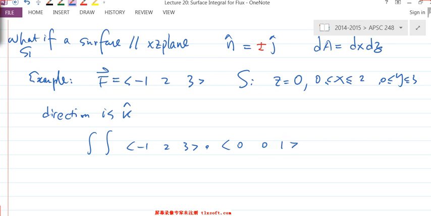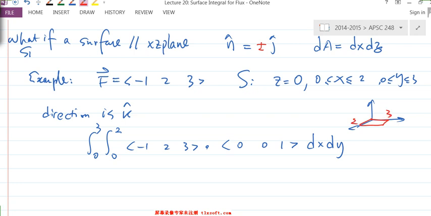dA is dx dy, because this is the plane parallel to the xy plane. Actually, it is the xy plane, and the limits for x and y are like this. So what are we looking at?